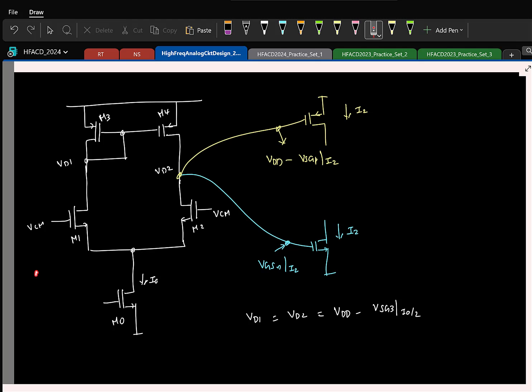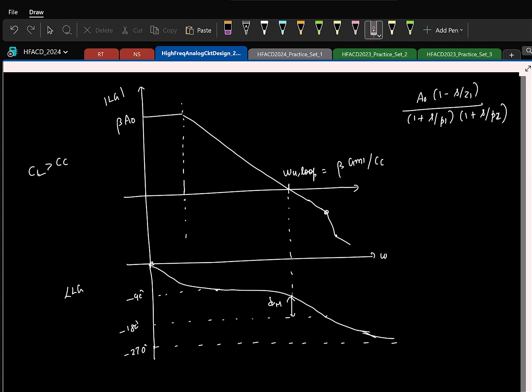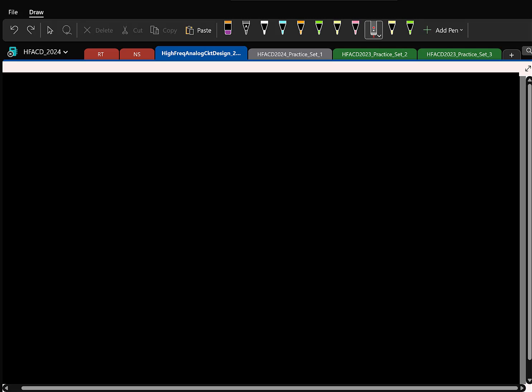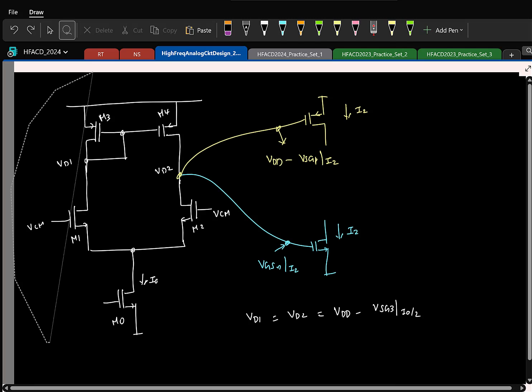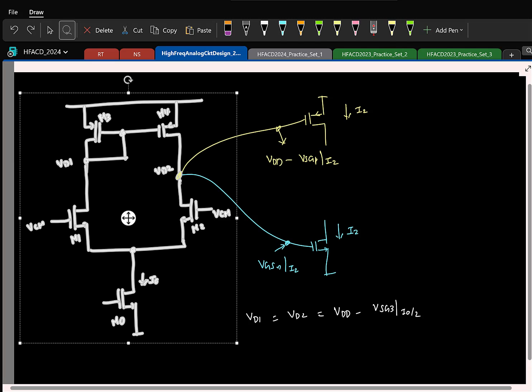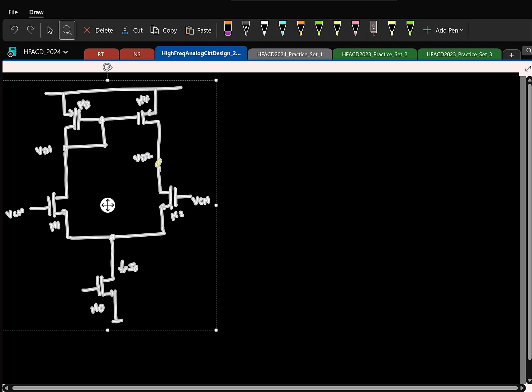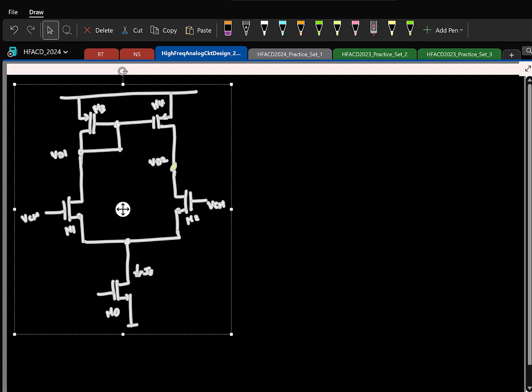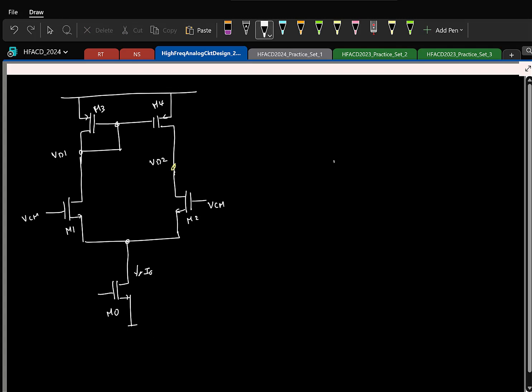If the first stage has a PMOS input, the second stage NMOS is a better choice, right? So let's do that. I'll mark it here.